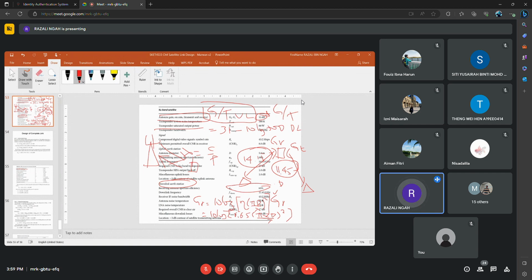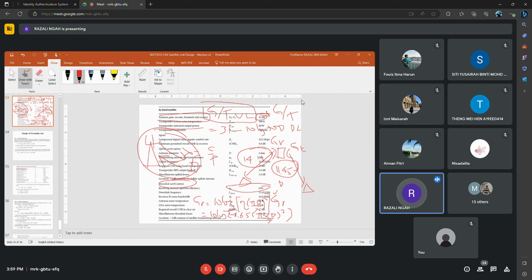If we use the same frequency, maybe we use a different time slot or different code. So it gives almost the same CNR for uplink and downlink for mobile communication or cellular telephone.